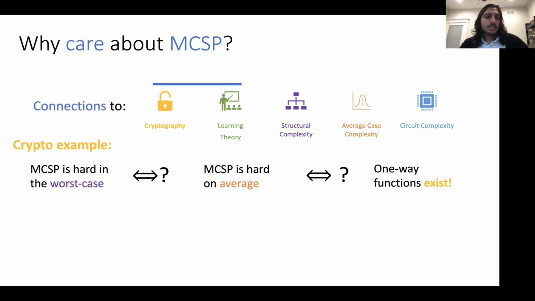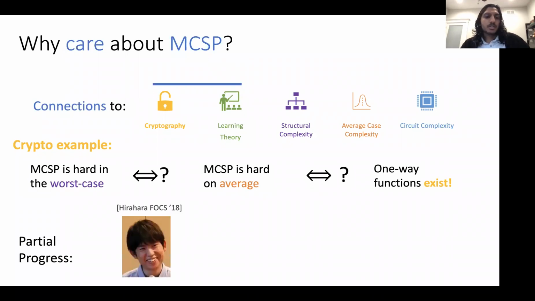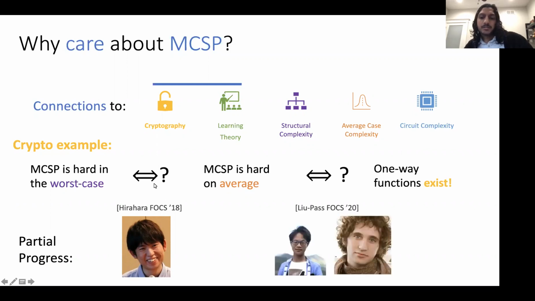What's exciting is that there's been significant progress in the past few years on this line of work. I already mentioned the result of Hirahara, a breakthrough which gave a worst-case to average-case reduction for approximating MCSP. And then last year at FOCS, Liu and Pass showed, for a problem related to MCSP which trades circuits for Turing machines, that if it's hard on average, then one-way functions exist.